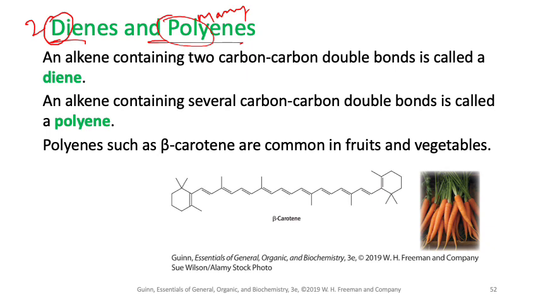If any molecular compound contains more than 1 double bond, that means that compound is a polyene, right? For example, this beta carotene has how many double bonds? Double bond, double bond, double bond. It has multiple double bonds. So this is a polyene.